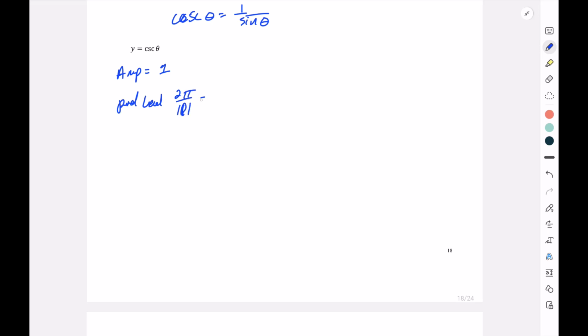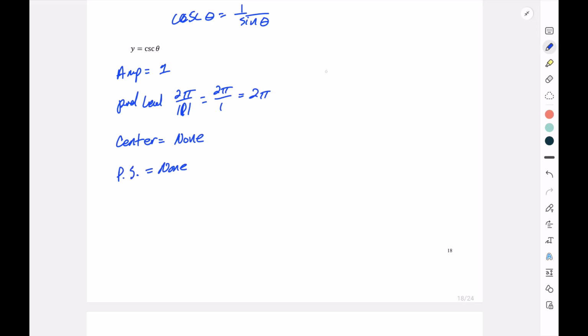And since we don't have one, we can just put it equal to 2 pi over 1, or just 2 pi. For our center, we don't have one, so there is none. And for our phase shift, it's just going to be 0, so there is none either. So we'll just start at the origin.